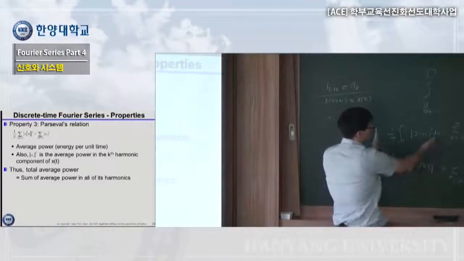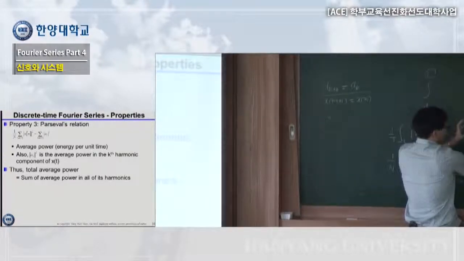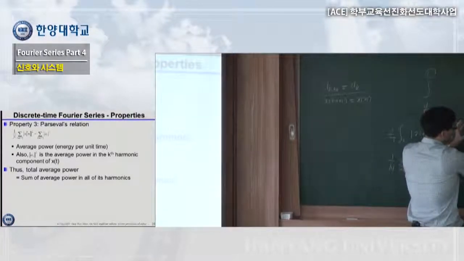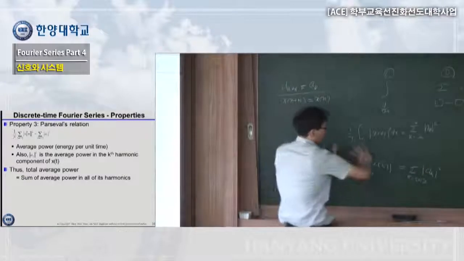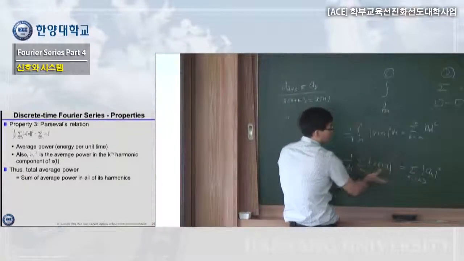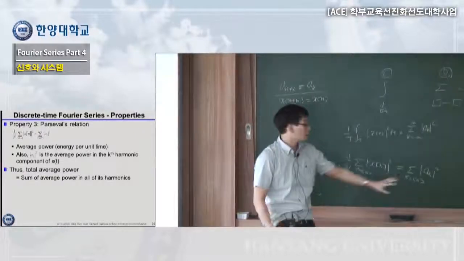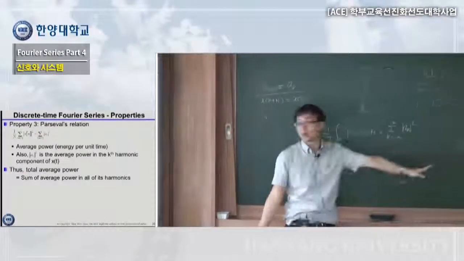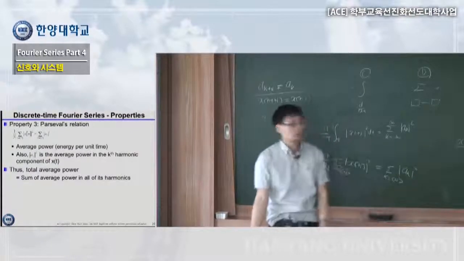The average of total power will be adding the value of each frequency component. Same here, the average power of the total signal will be adding each component. But in here, they are repeating by a period of N, so we only need a length of N in this sum.